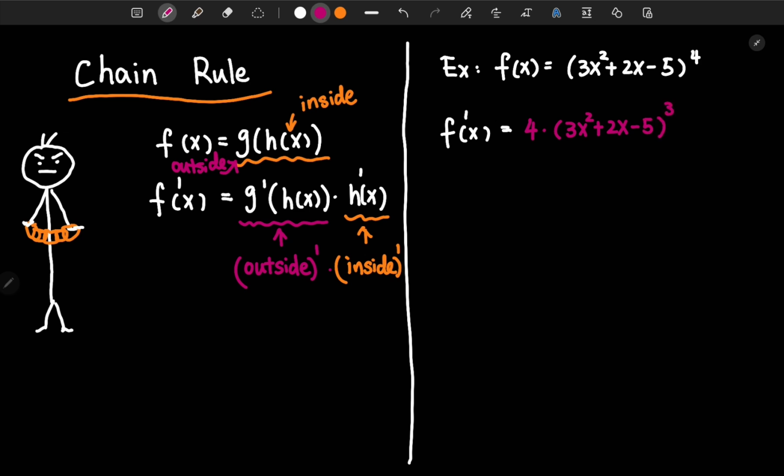So we use the power rule for the outer function. Now let's calculate the derivative of the inner function, which we multiply by, and the derivative of that is 6x plus 2. Okay, so now you're done. We don't have to simplify this function further, so this is already your answer.